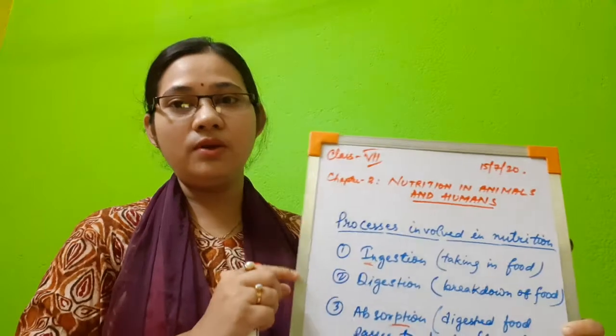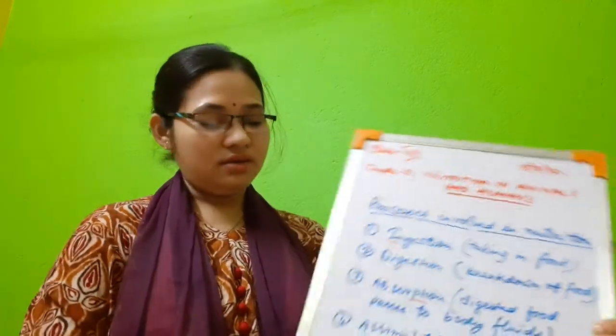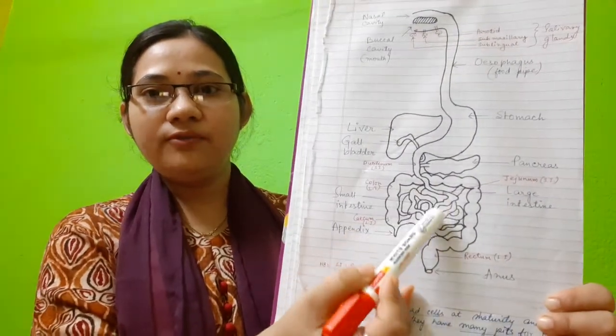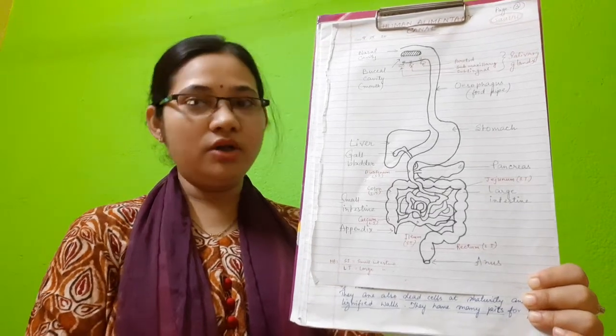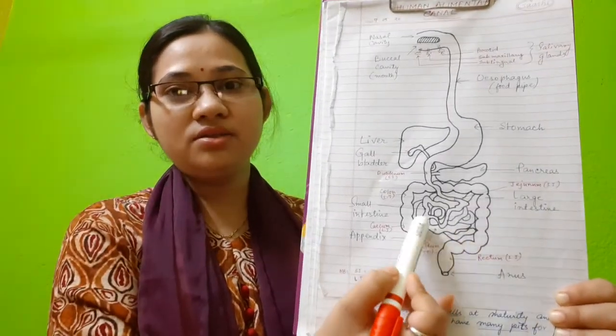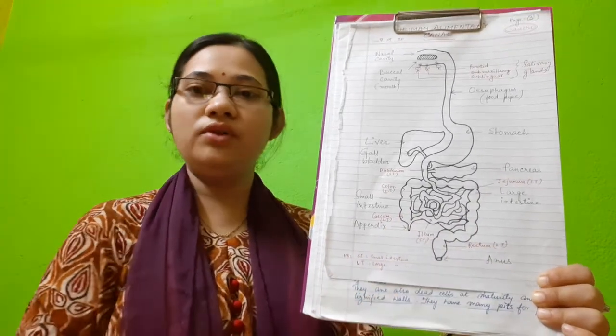And the last, after assimilation, the last step is ingestion. That means removal of unwanted waste food particles. Now if you see the diagram of the digestive system once again, you will see that once the food is completely absorbed by the villi or body fluid, then it passes to the large intestine, and from there it is expelled out of the body.